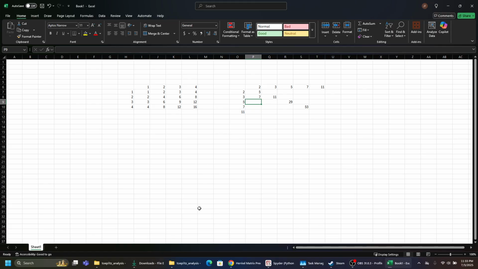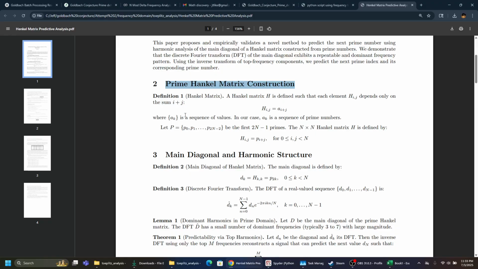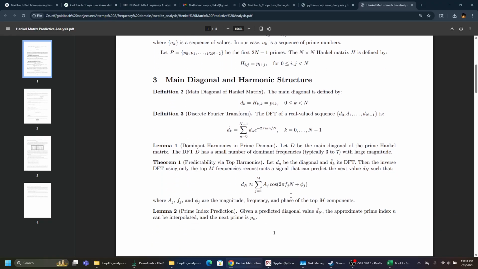So the Hankel matrix, the diagonal of that matrix, the thing that I just showed you, forms a harmonic structure. It literally has a frequency that repeats. And it repeats throughout all known numbers.